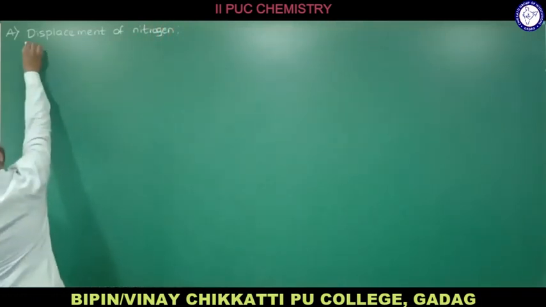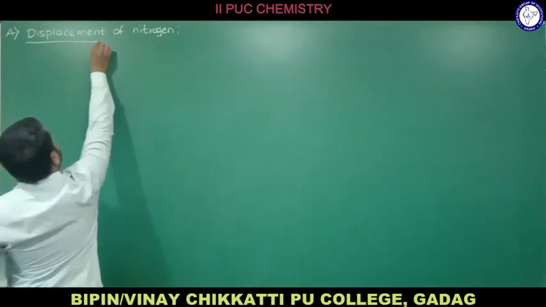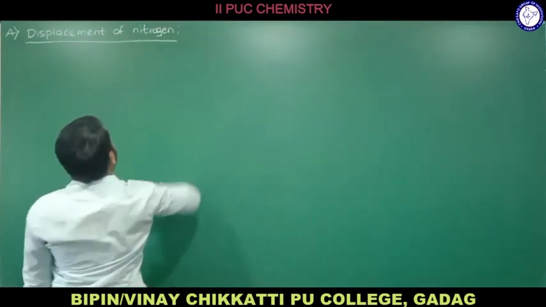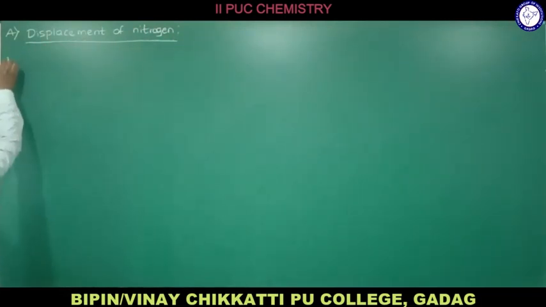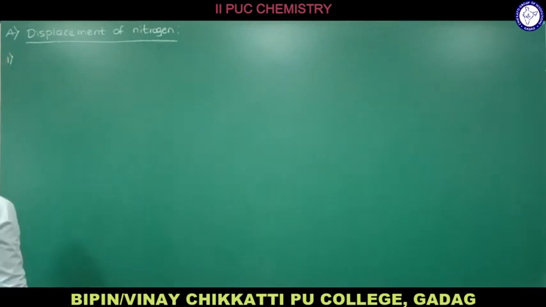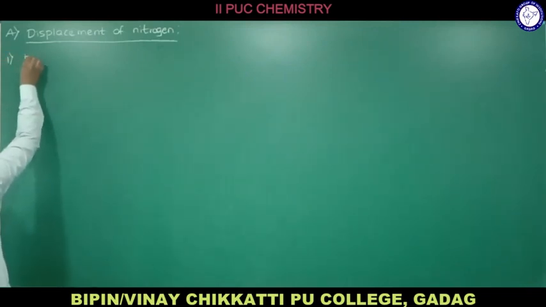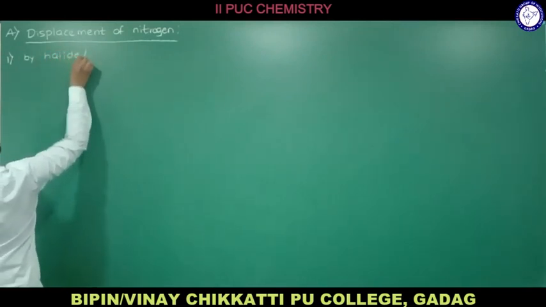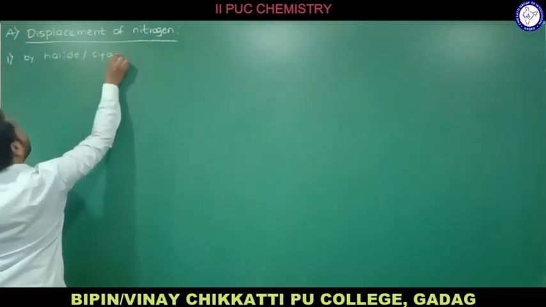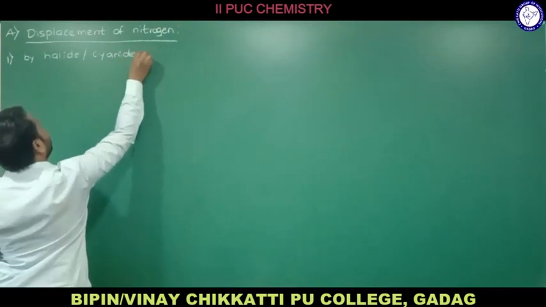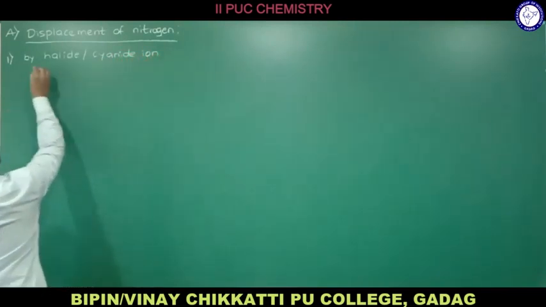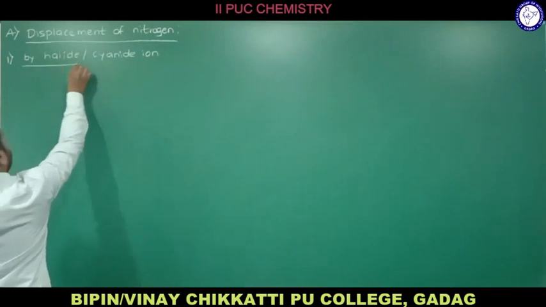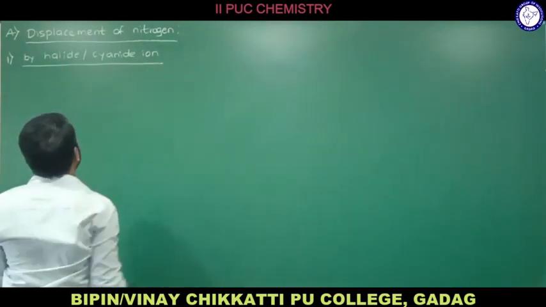So we can displace a nitrogen by some kind of nucleophiles. In that, first one I am going to move with displacement of nitrogen by halide ions or cyanide ions. Displacement of nitrogen of diazonium salt by halide ions or cyanide ions.